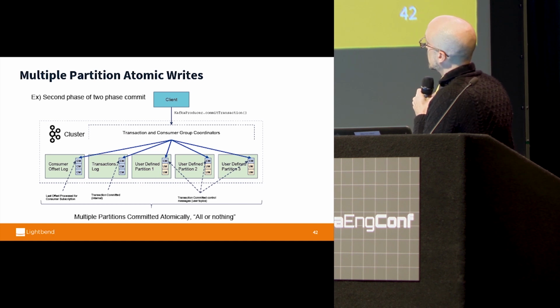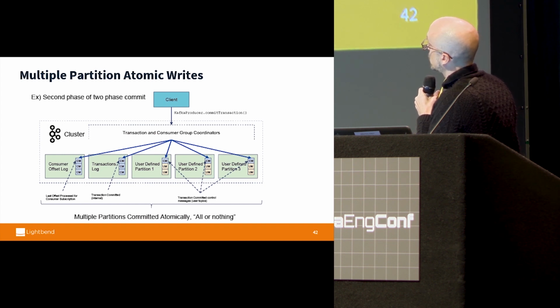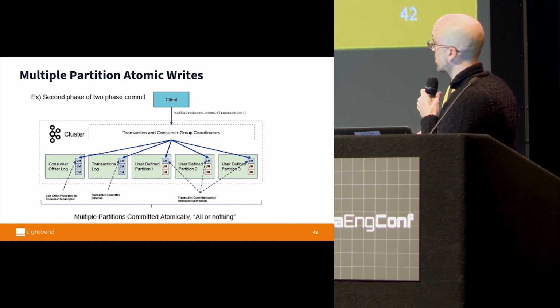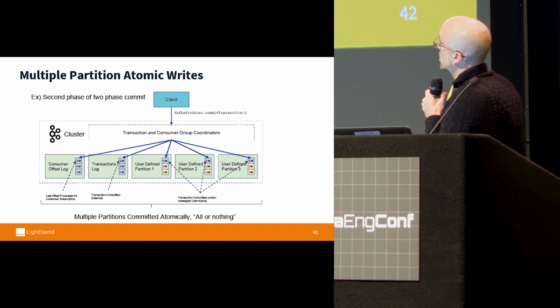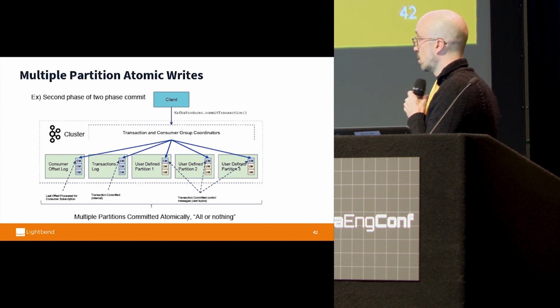And then once that's been acknowledged in the transaction log, we can add these control messages to all the topics we're producing to, and we can also commit that all the messages we consumed have been read, and we do this all at once in an all or nothing operation. If any one of these things fails, then obviously the whole transaction isn't valid anymore, so it needs to be rolled back. Once they all happen successfully, then the transaction is committed and everything is good to go.